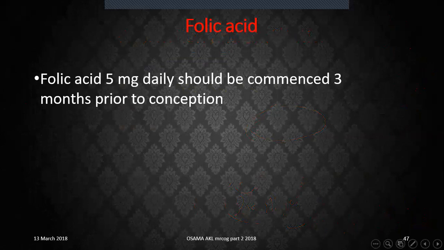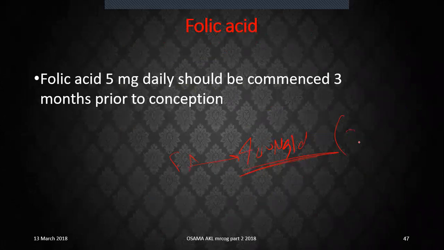Folic acid, we give 5 milligram, while the usual dose in a non-thalassemic patient is 400 microgram per day. And it's now recommended to give folic acid 400 microgram per day for any woman searching for pregnancy. We prefer to give it 3 months before pregnancy and also during the first trimester after being pregnant.